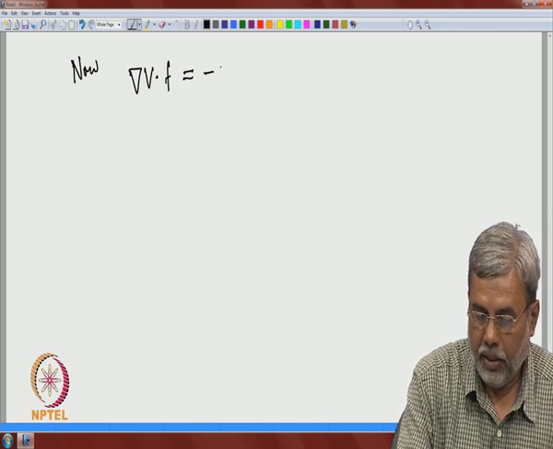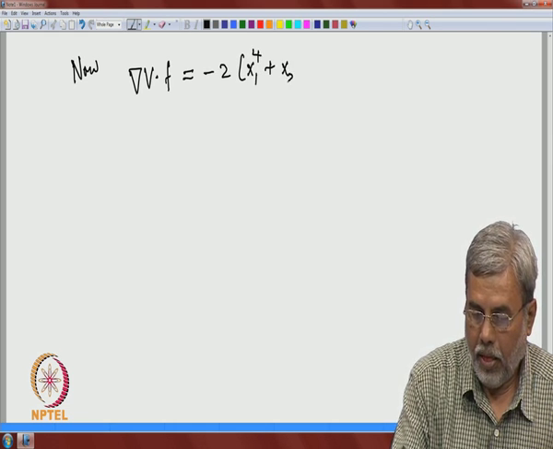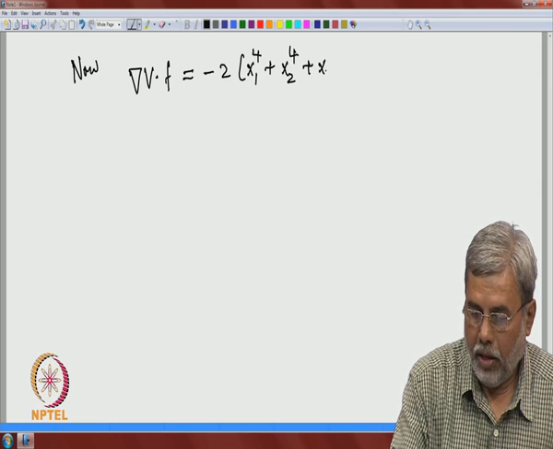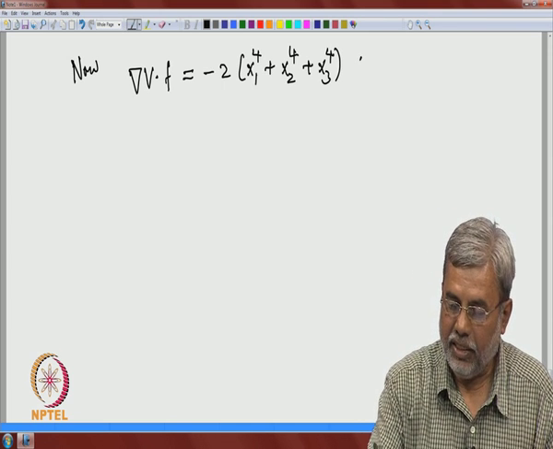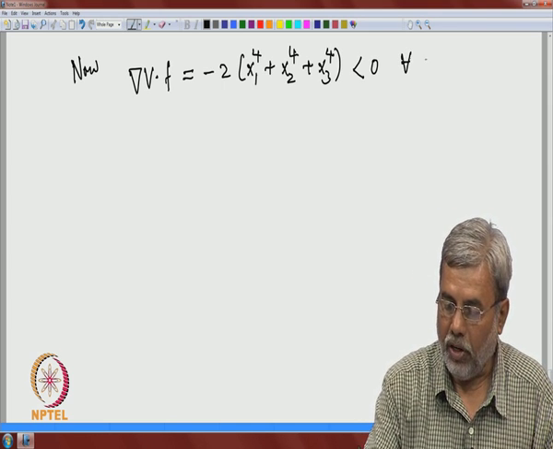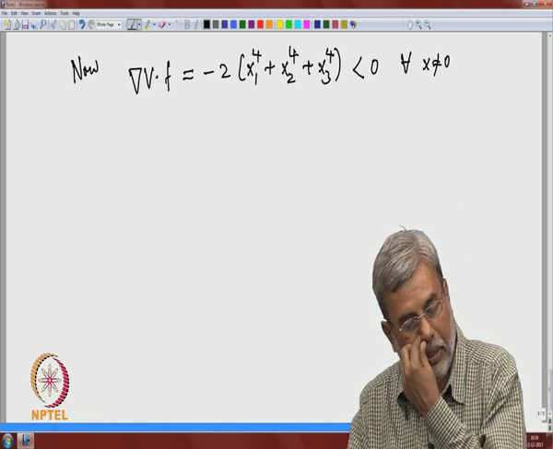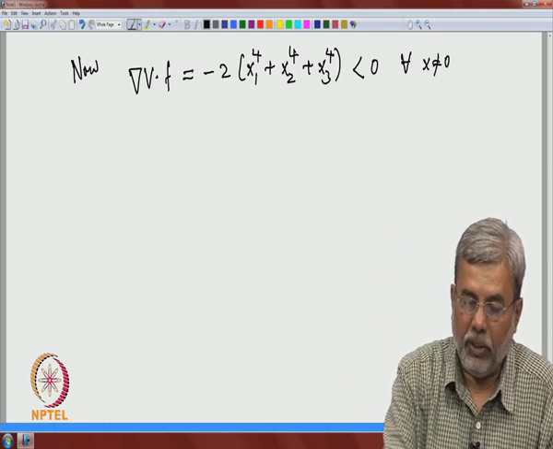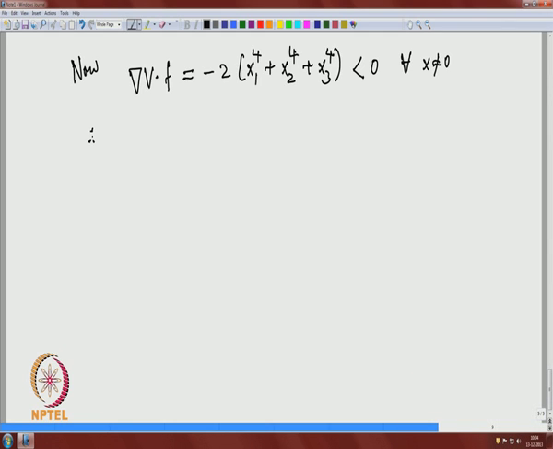So, please do it, some algebra. And now we see that this is less than 0 for all x not 0. When one of them x 1, x 2, x 3 is not 0, then it is strictly negative. So, this is a negative definite function. Okay. So, therefore, again by the Lyapunov theorem we conclude that (0, 0, 0) is asymptotically stable.